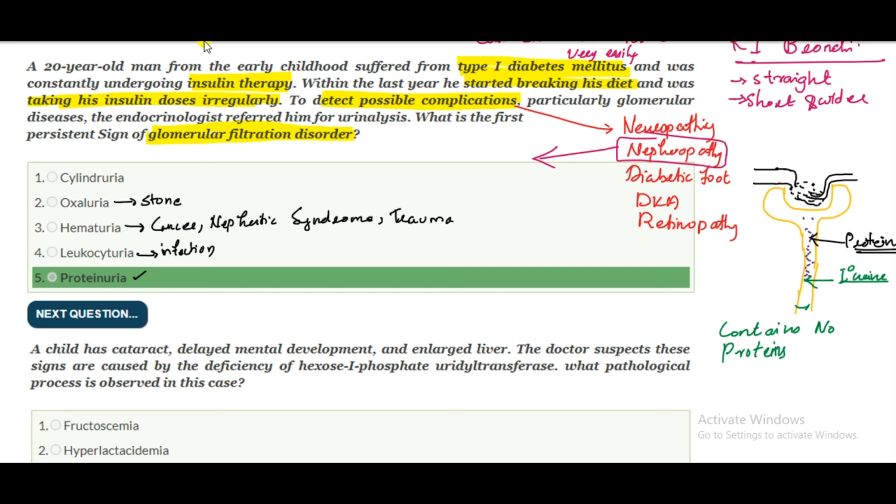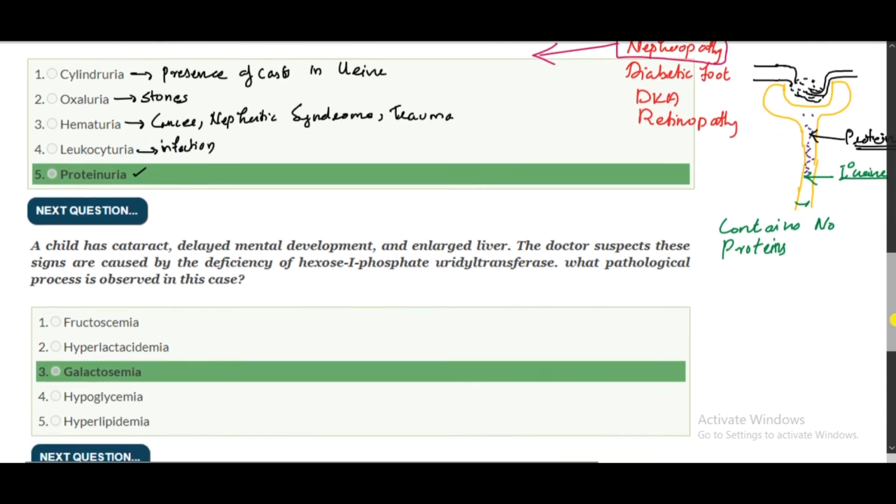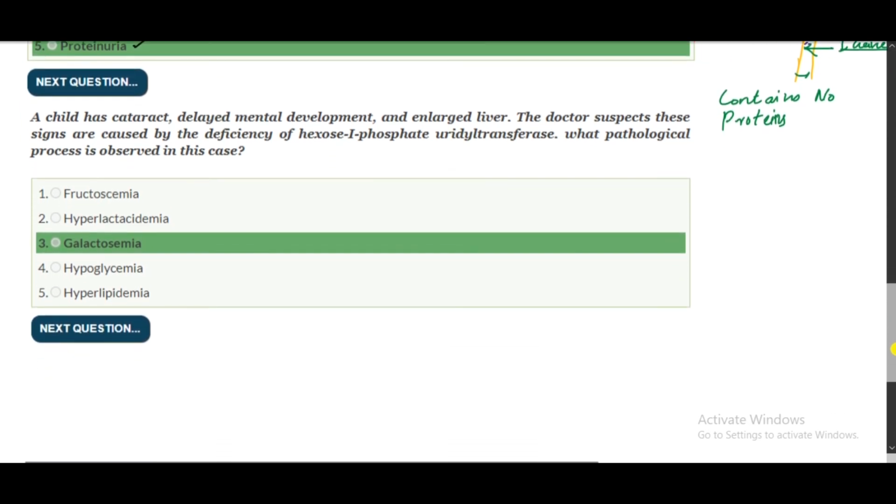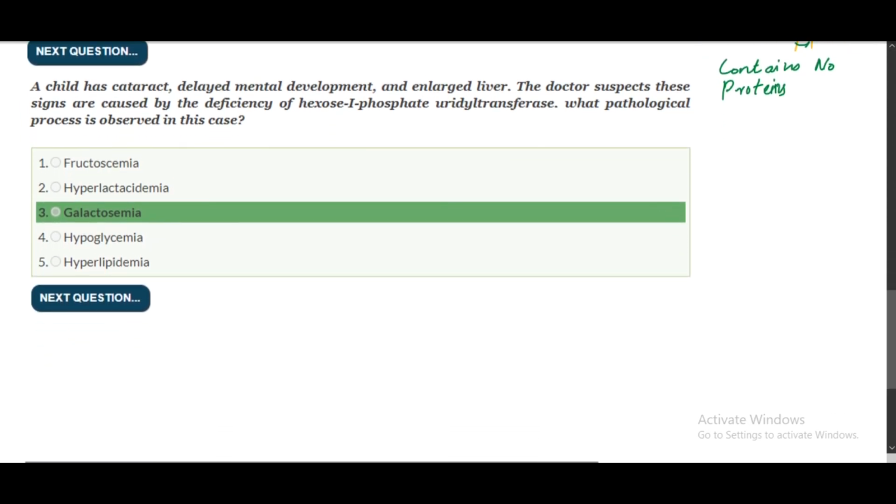But in diabetes mellitus, you can see the proteinuria. And oxaluria indicates the presence of stone somewhere, maybe in the kidney, pelvis, or the ureter, anywhere. And cylindruria means the presence of casts in the urine.